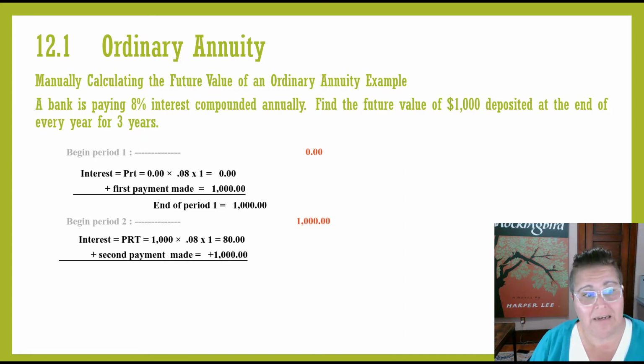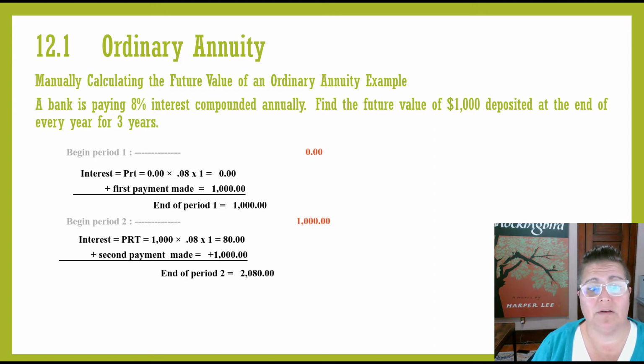So at the end of the second year, we put $80 into the account, and we make a second payment of $1,000. So now, at the end of the second period, there is $2,080 in that account.